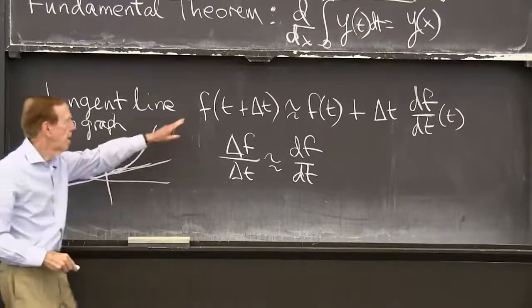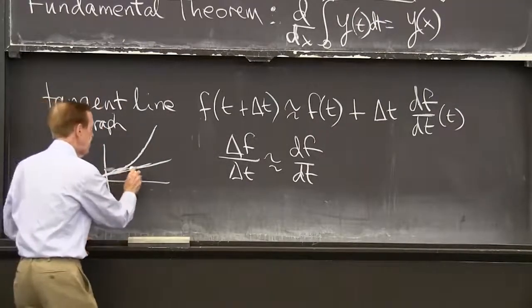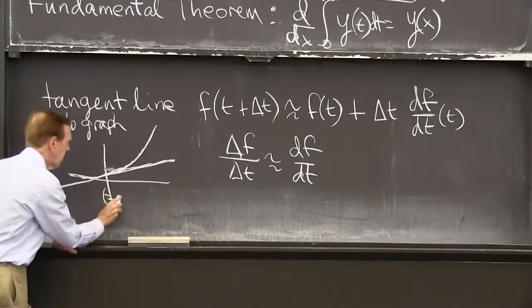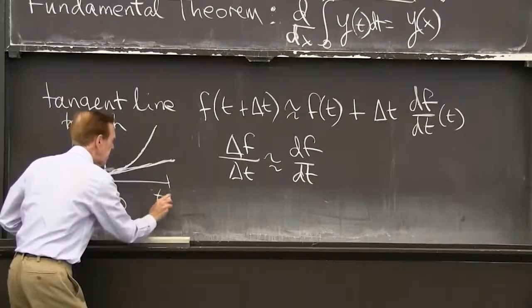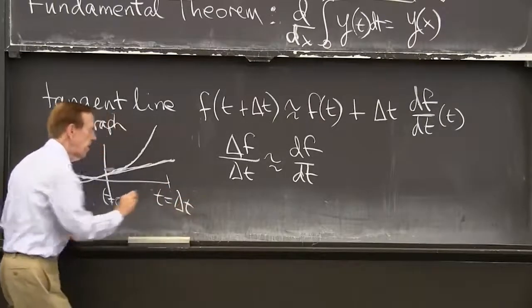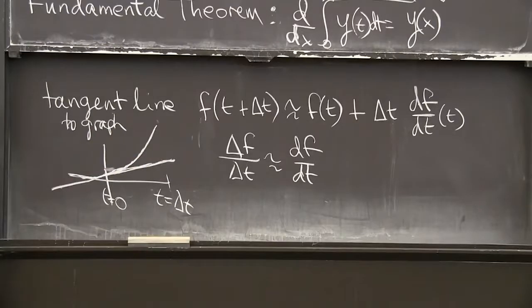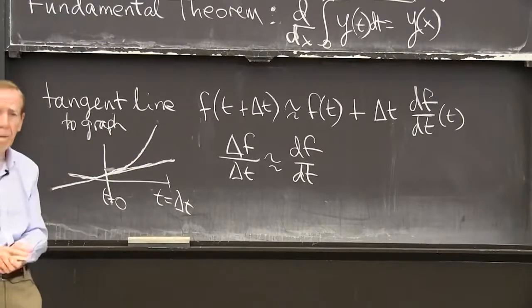That's the approximation to f. And you see, here's t equals 0, let's say, and here's t equal delta t. And you see, if I take a big step, my line is far from the curve. And we want to get closer.